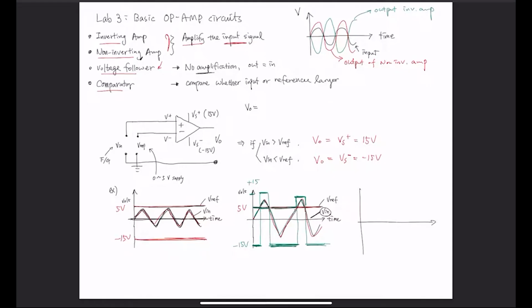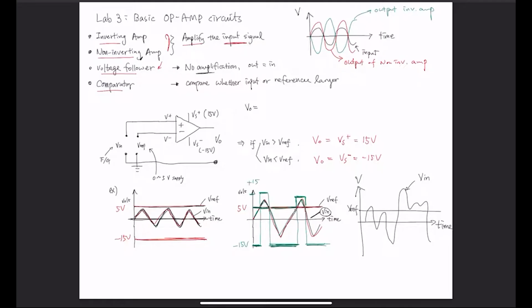For a more general case, you may have some signal like this. Yeah, this is your Vin. Then if you had your reference, say, here, it doesn't need to be 5 volts, it's just a reference.